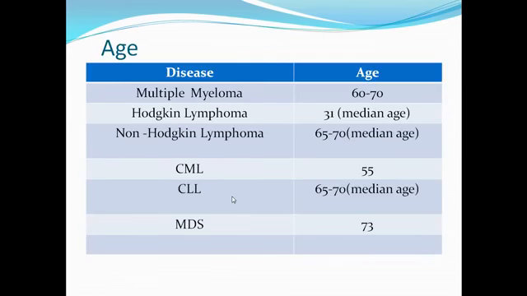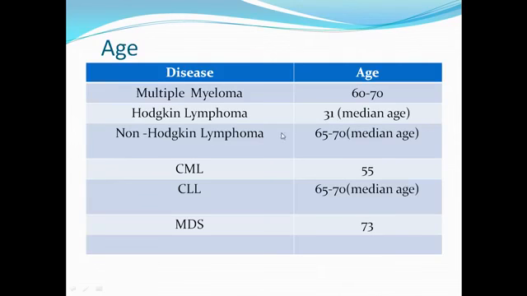So what is the importance of age? If you look at this slide, you will find multiple myeloma, Hodgkin lymphoma, non-Hodgkin lymphoma, CML, CLL, myelodysplastic syndrome, etc. Look, multiple myeloma peak age is 60 to 70 years. In Hodgkin lymphoma, peak age is 31.